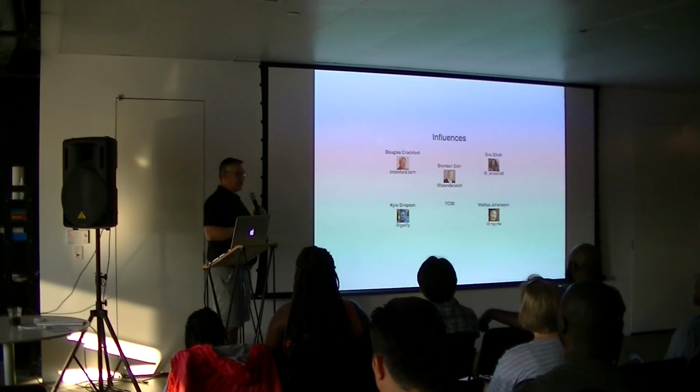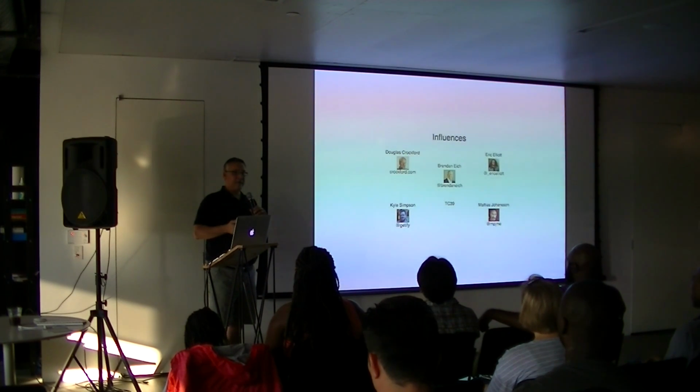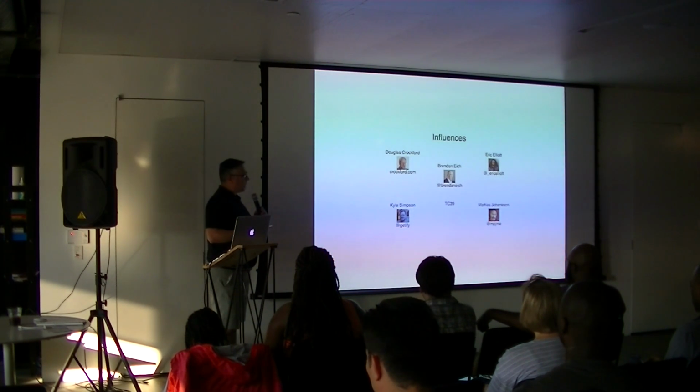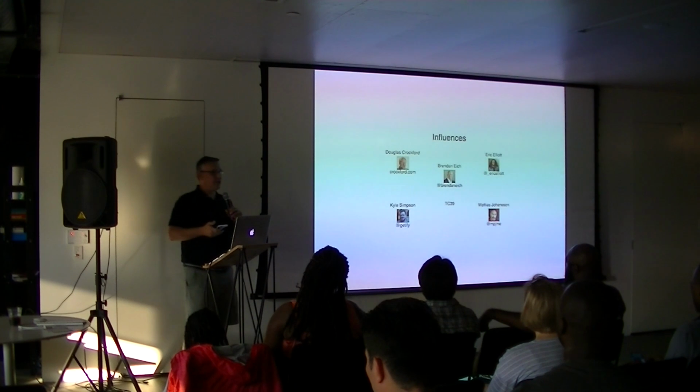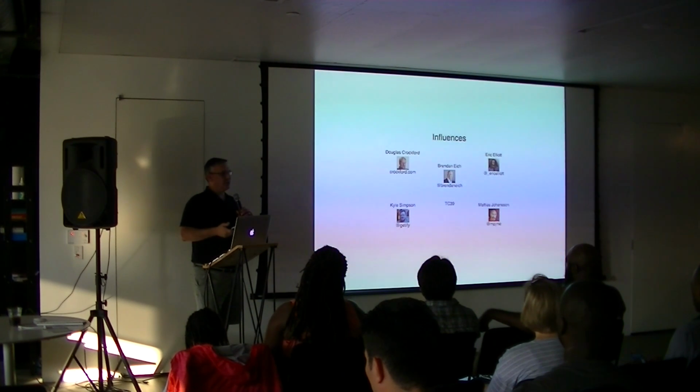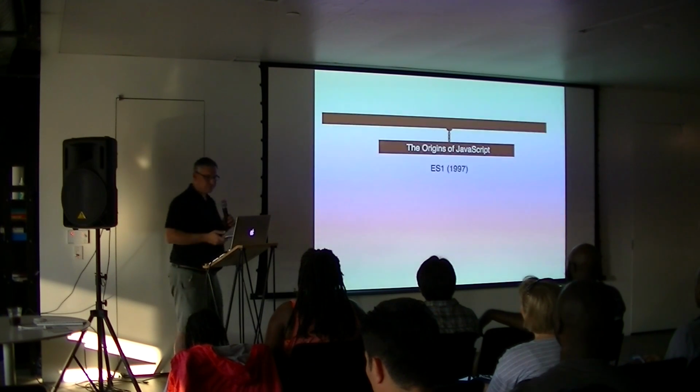Eric Elliott is one of the loudest complainers about class in JavaScript. Kyle Simpson kind of follows that as well. And then there's this other guy, Matthias Johansson, who in the last year does a weekly 10-minute YouTube clip typically. If you don't follow his YouTube clips, you should. And I'll reference a couple of them tonight.